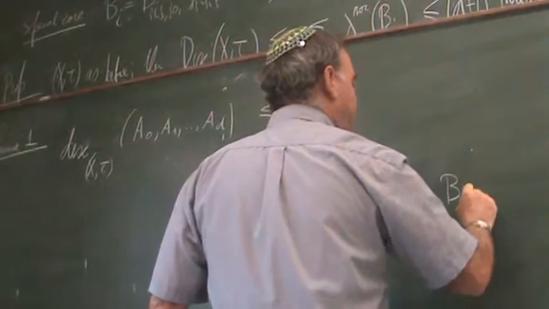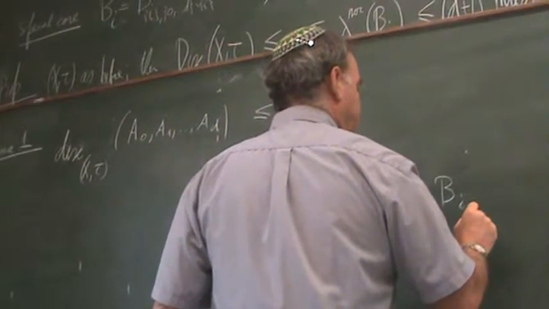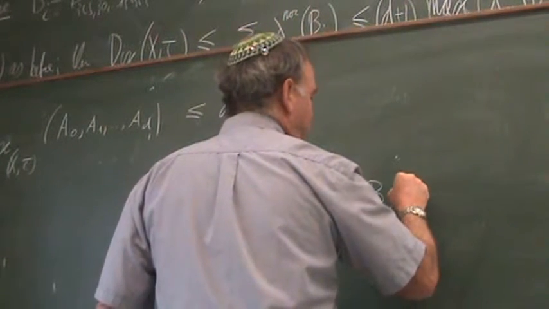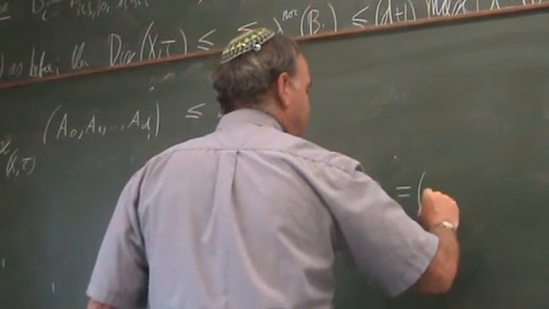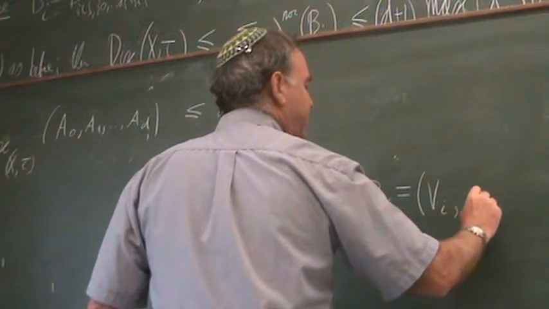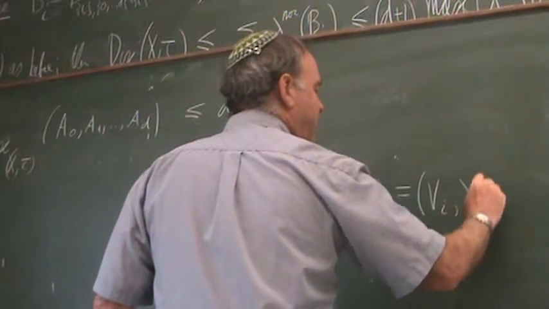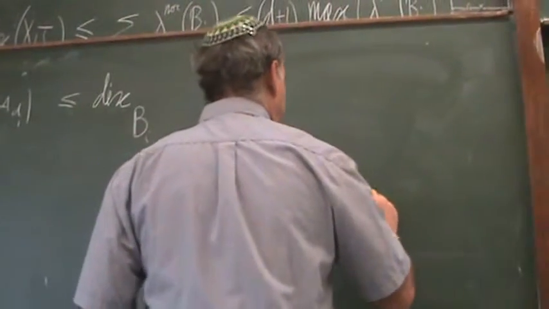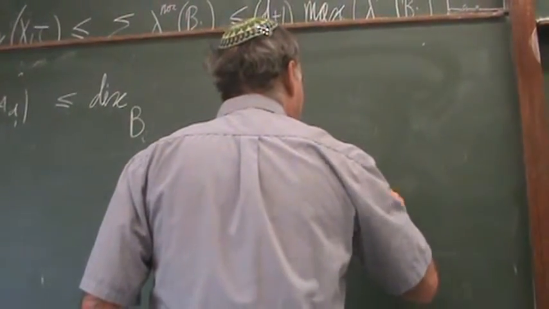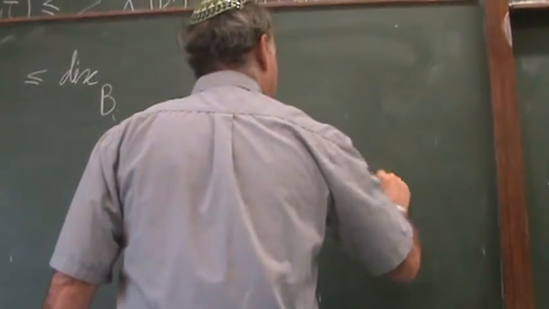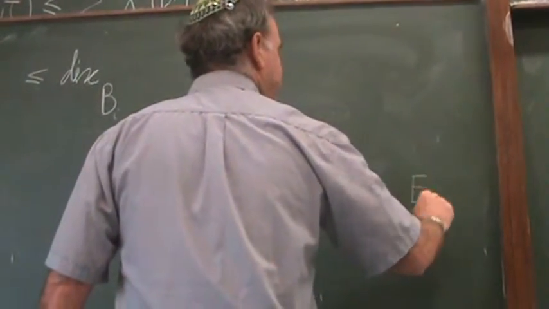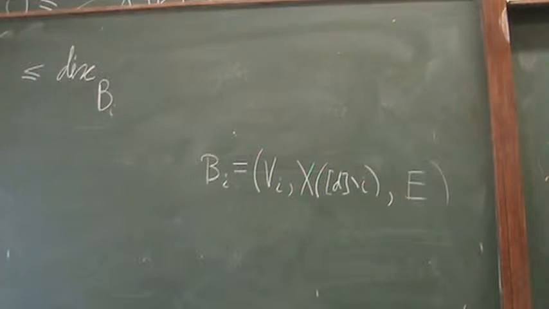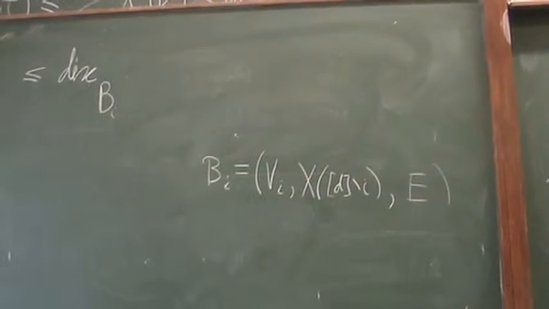Remember what B_i was: the graph such that on one side of it we have V_i, on the other side of it we have all the walls of type without i, and some edges between them according to the definition, if together they form a chamber.